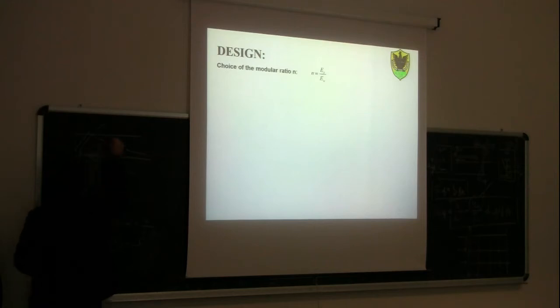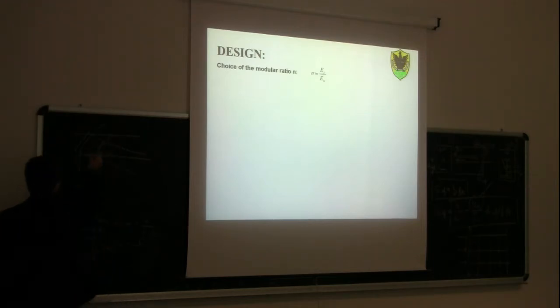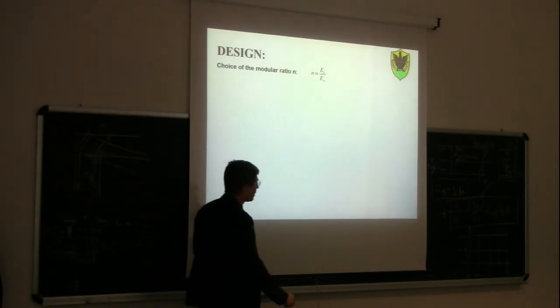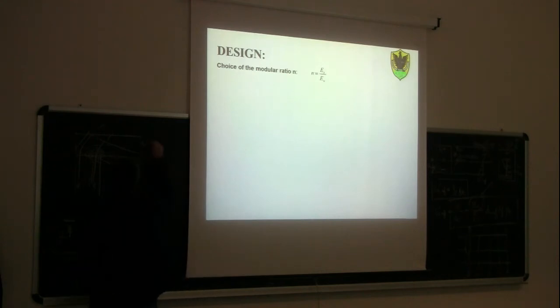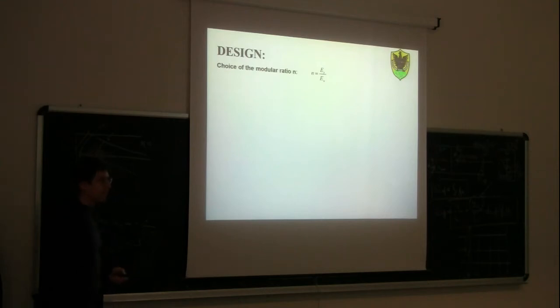Now, on this side, on the side of the beam, how should we calculate the modular ratio? So, on the side of the beam, n should be equal to what, in your opinion? On this part here. The modular ratio should be the ratio between what?